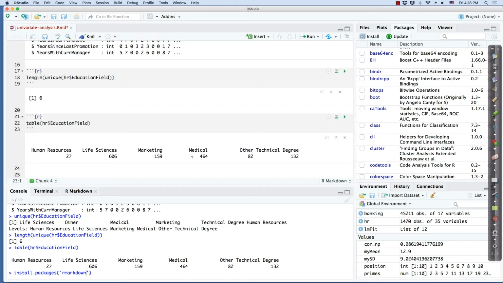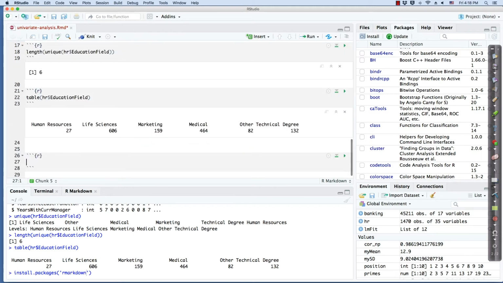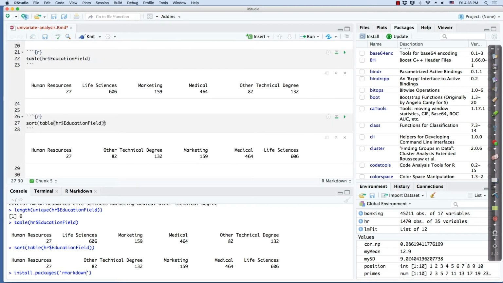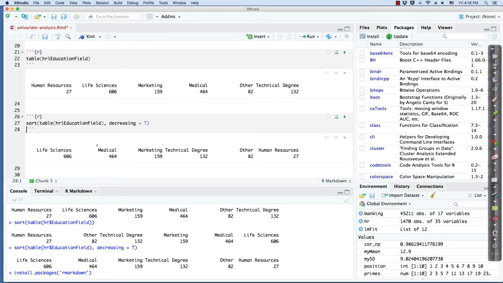By just looking at the numbers, we can say most of the employees are under life sciences and medical. We can use the sort function and pass the output from the table command to look at the output in descending order. By default, the output will be ascending. In order to make it descending, pass a parameter decreasing equal to true. So, as I mentioned earlier, life sciences has the most employees, followed by medical, and very few people are under the other and human resources categories.